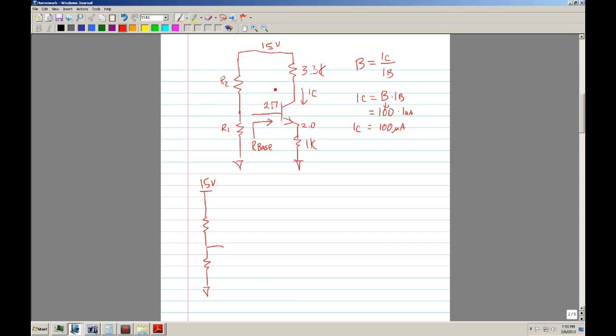We want 2.7 volts. See this voltage divider? You want to set the voltage divider accordingly, where you get 2.7 volts. But you don't know R2, you don't know R1, but let's say let's make this 10K.